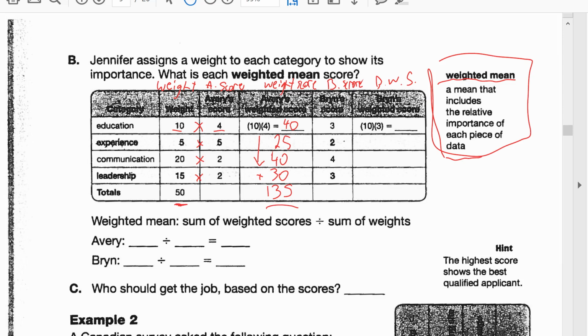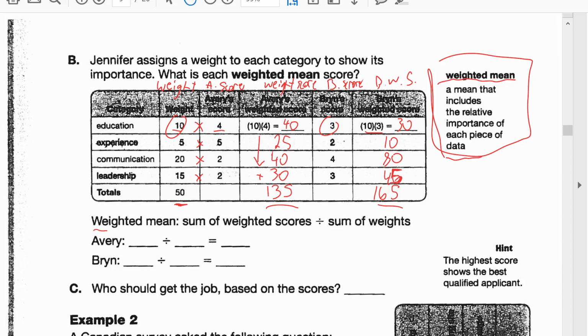Let's see this one. We have 10 times 3, so it's this times the beginning one is 30. So that means 2 times 5 is 10. 80, 45, 45. And the total means weighted mean for her is 165 for the second person.